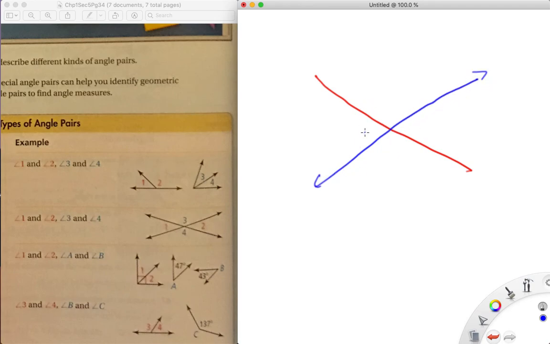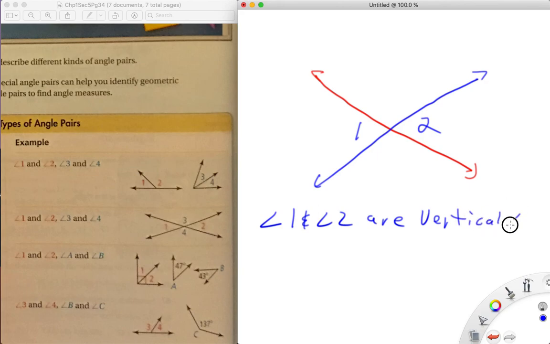Yep. So angle 1 and angle 2 are vertical angles. And then we'll have angle 3 and angle 4, which are vertical angles.